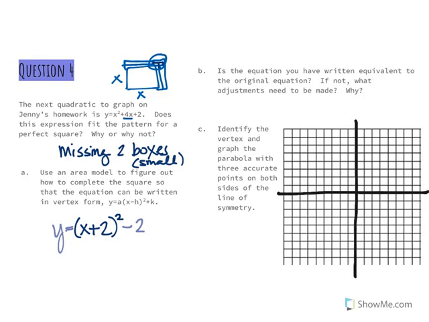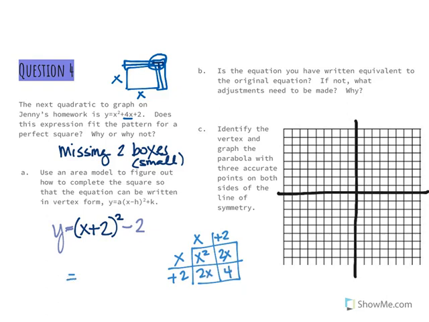Now it says, is the equation you have written equivalent to the original equation? So we can test this by using our area model that we break into quarters and solve this. We're going to say x plus 2 times x plus 2. This would give us x squared, 2x, 2x, and 4.